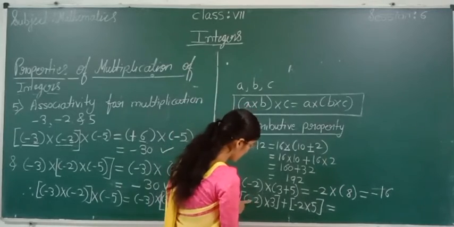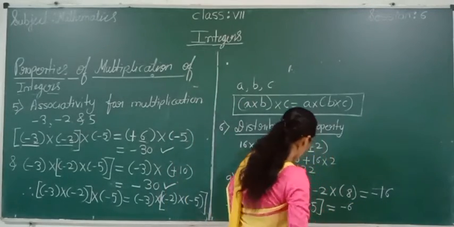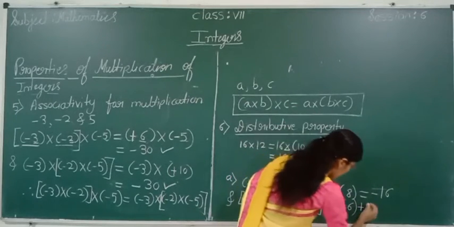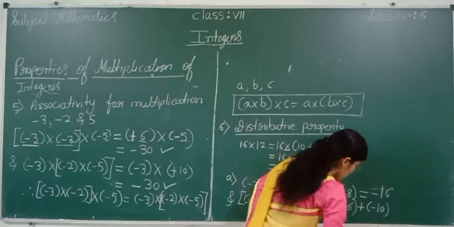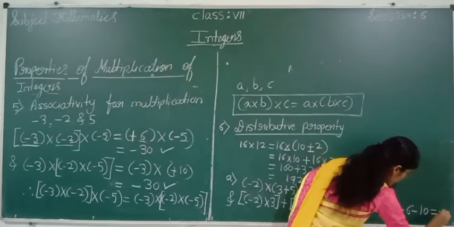Now see, minus 2 into 3 is minus 6, plus minus 2 into 5 is minus 10. See, minus 6 minus 10 is minus 16.